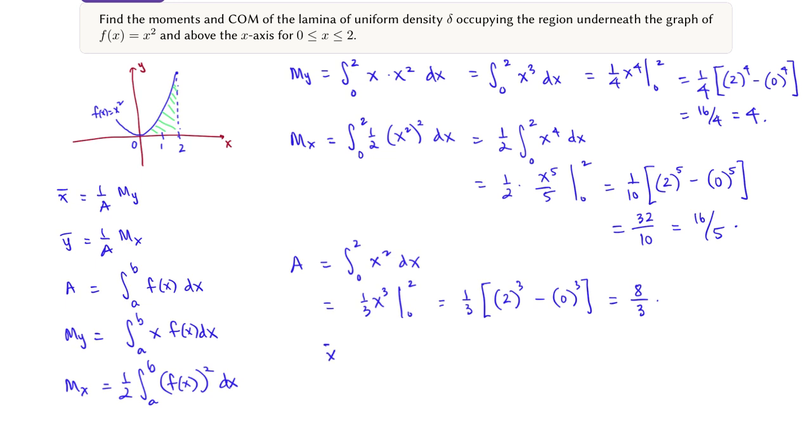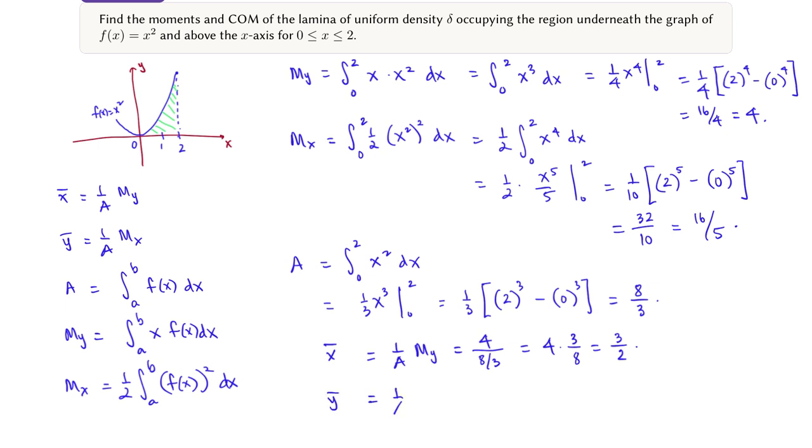And so x bar equals 1 over a times the moment about the y-axis. The moment about the y-axis is 4, and a is 8 over 3. And so this is 4 times 3 over 8, which is 12 over 8. 12 over 8 is 3 over 2.